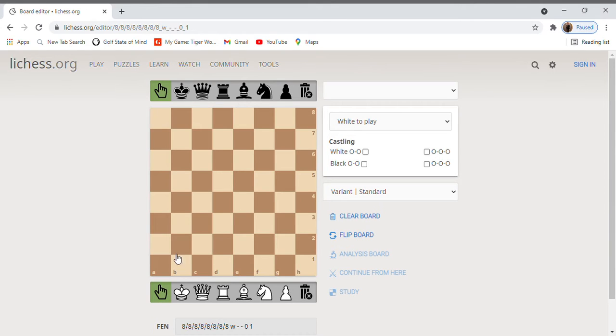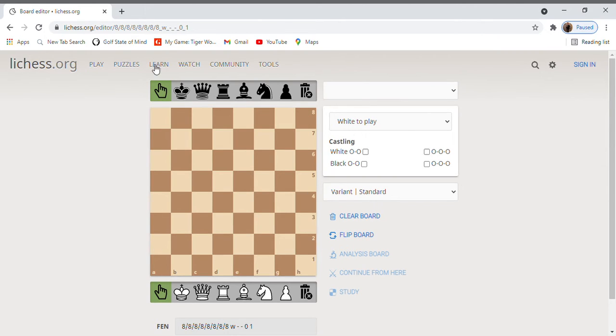Alright, so, chess notation. Everybody knows there are 64 squares on a chessboard. Each square has a name, so to say. There are files and ranks, and you can see at the bottom of the board here, A, B, C, D, E, F, G, H. This is the file that goes up and down.